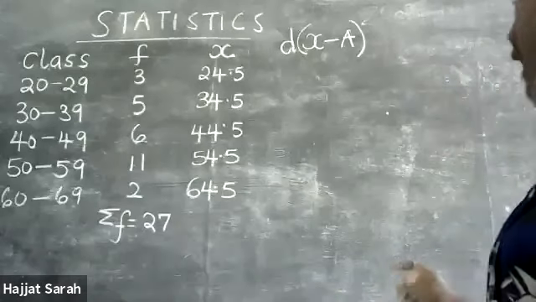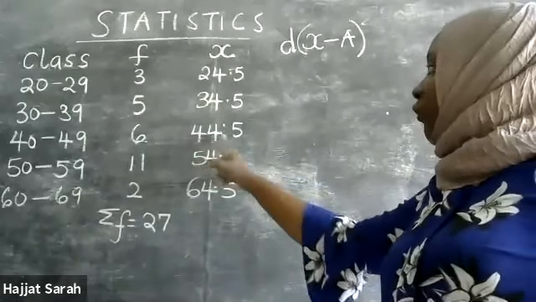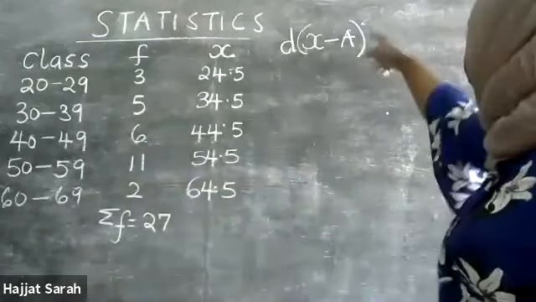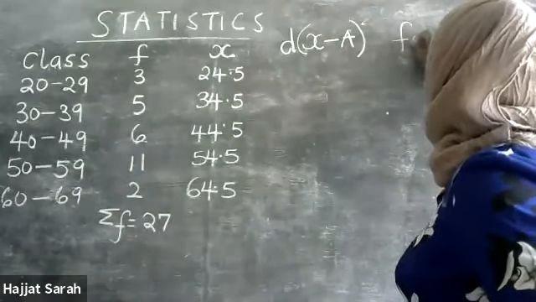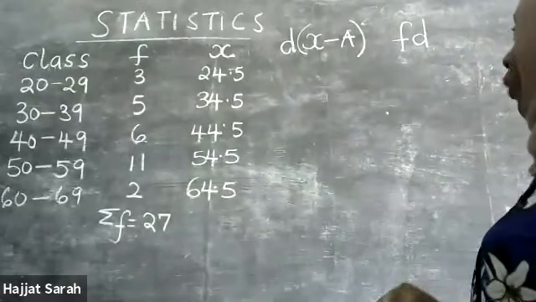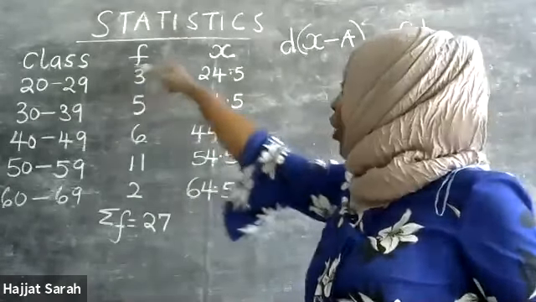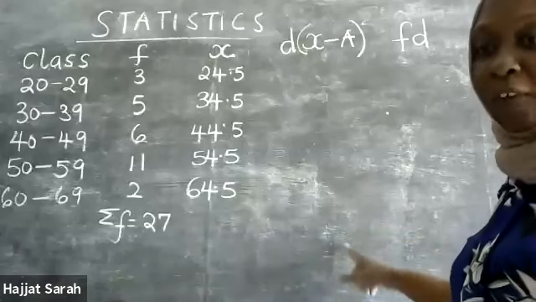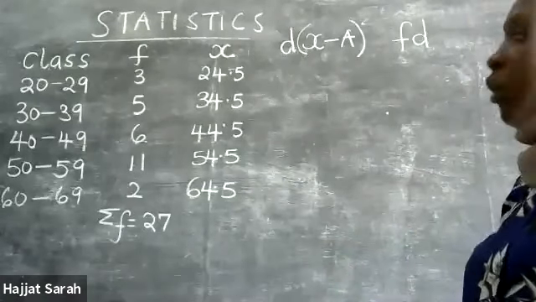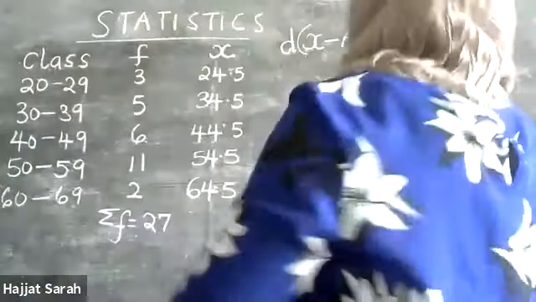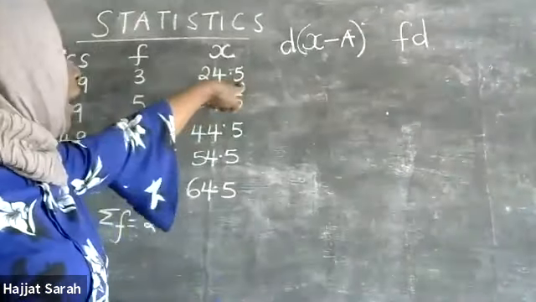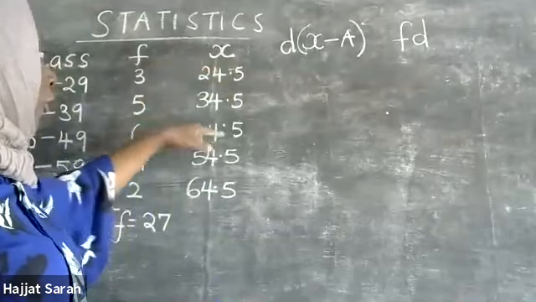Sometimes they give it to you, other times you are allowed to choose your own. So we've been told to use a working mean of 44.5. After we get the working mean, we shall get the column FD, which means this time I'm going to multiply the frequency with this other column I've created. My first value of x is 24.5 minus 44.5.